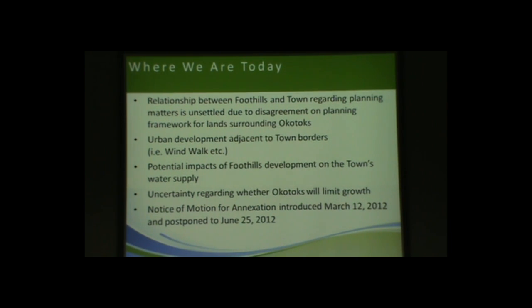And also we have a notice of motion for annexation that was introduced at Okotoks Council on March 12, 2012. Now that item was not debated, but postponed to June 25th, 2012. However, it is a notice of motion that will be considered in the near future by the town of Okotoks.